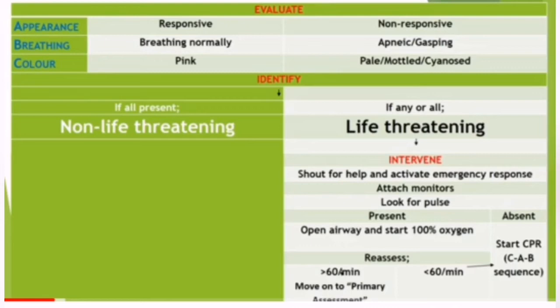For disability, you look at his Glasgow coma scale, whether he is conscious or not. Look at his pupils, reactive and equal or not. Check blood glucose. After disability, comes exposure. For exposure, check his temperature, any bleeding or any bruising or not.